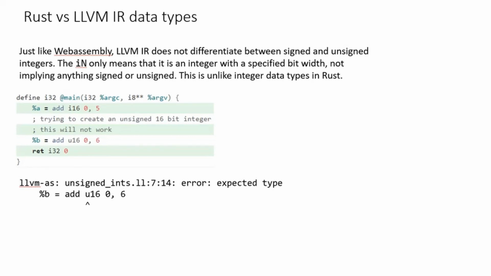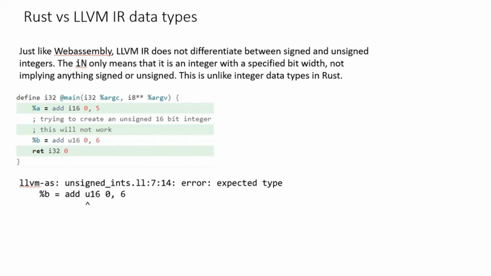Another thing is that some high-level programming languages, such as Rust, and also C++ for that matter, allow you to declare unsigned integers. That's what I thought too, but LLVM intermediate representation is similar to WebAssembly in this case. It does not differentiate between signed and unsigned integers.